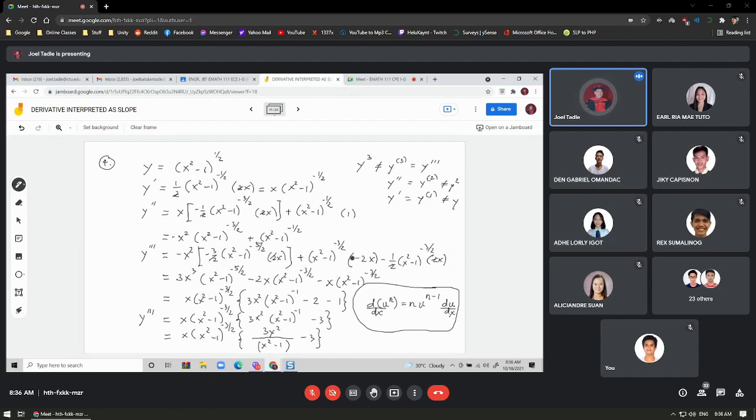Ato lang i-copy ang second term. Negative 2x times quantity x squared minus 1 raised to the power negative 3 halves. Then sa third term, makancel out na to ang 2. So we have negative x times quantity x squared minus 1 raised to the power negative 3 halves. Then, kasi ito ang sunod gibuhat.